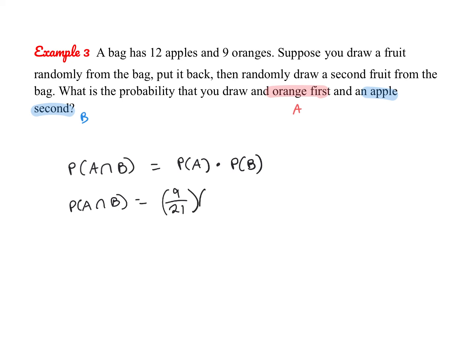And then we're going to multiply that by the probability of picking an apple, so 12 over 21. Again, these two events are independent because we are putting it back, so the total sample space is unchanged. Just because you picked an orange first, it doesn't affect what you're picking second. So you're just going to multiply and simplify, and you should end up with 12 over 49 after you simplify.